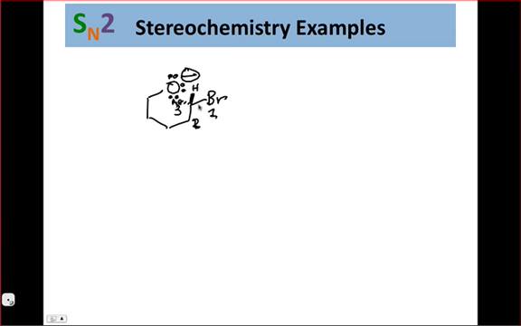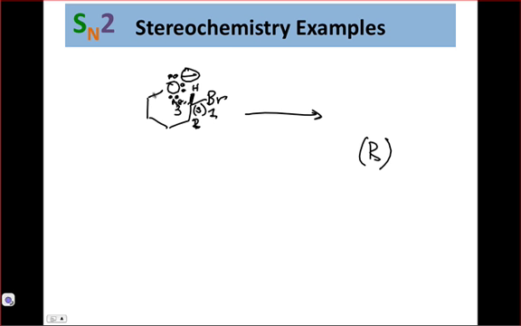Placing the hydrogen towards the back, we would see that this is going counterclockwise. As a result, this would be the S configuration. Now the oxygen is still going to be the highest priority after the displacement, so we want to make sure that we end up with the R configuration on the product.